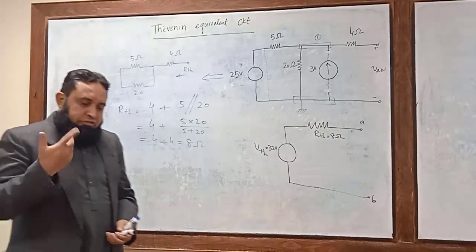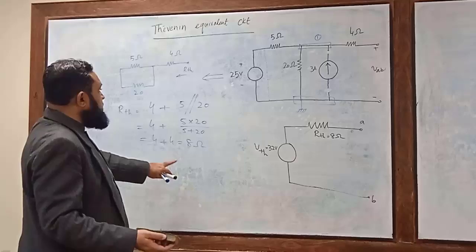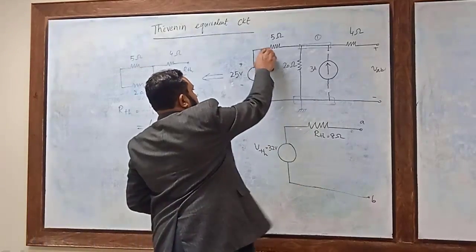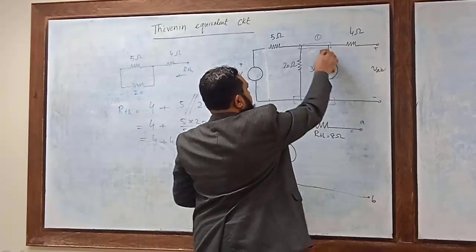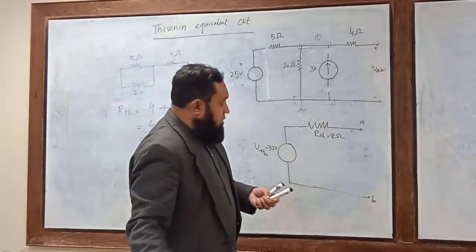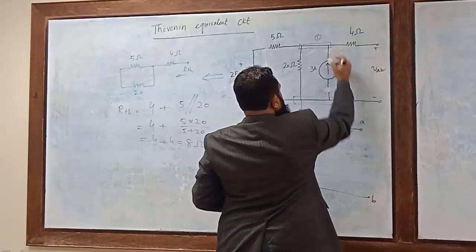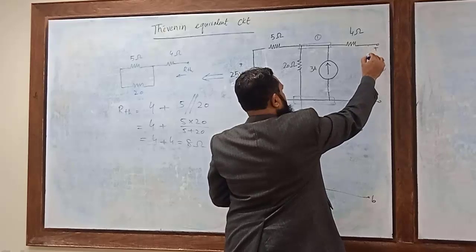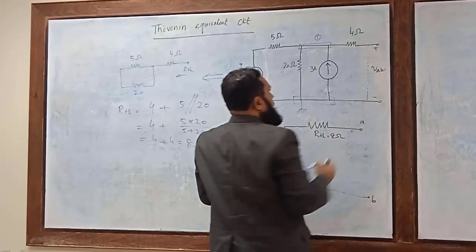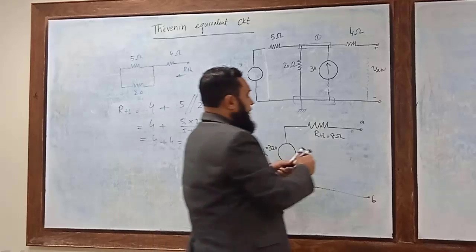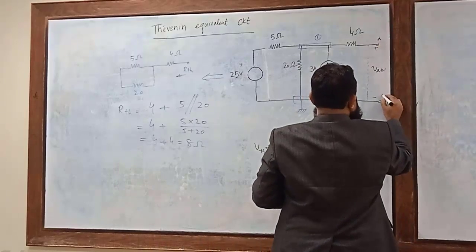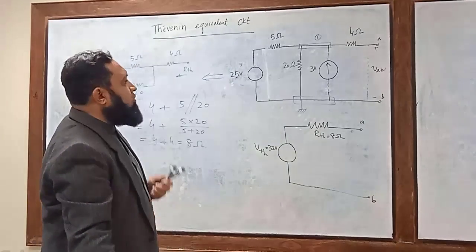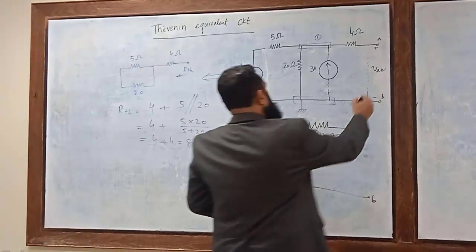Okay, so if you want to use the alternative method, the alternative method is that you don't make it a short circuit, don't make it an open circuit. Leave all the things as they are. Just make this terminal a short circuit. With the two terminals A, B made as short circuit, we have to find the short circuit current.